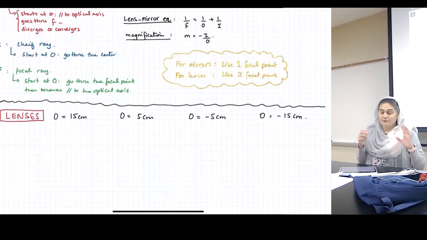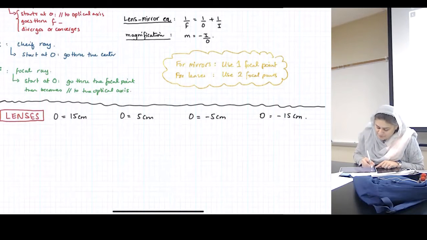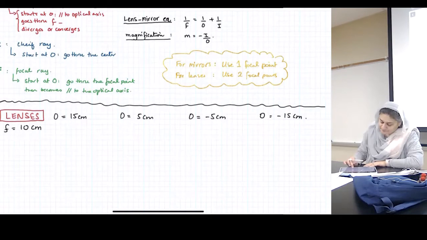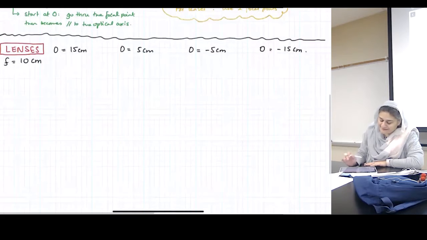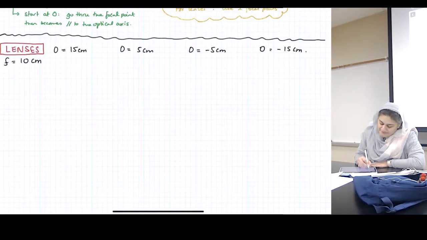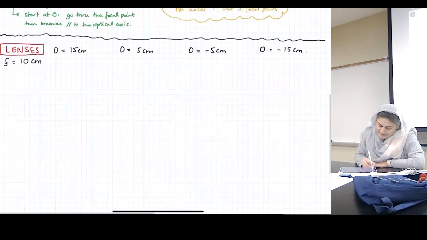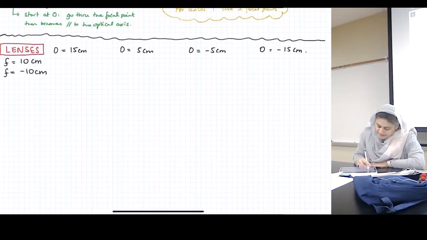For the sake of simplicity, I'm only going to use focal lengths of 10 centimeters, so it matches with my boxes. For lenses, I'm going to have 2 situations: a focal length of +10 and a focal length of -10 centimeters. So case 1 and case 2. This is going to be my converging situation, and this is going to be my diverging situation.